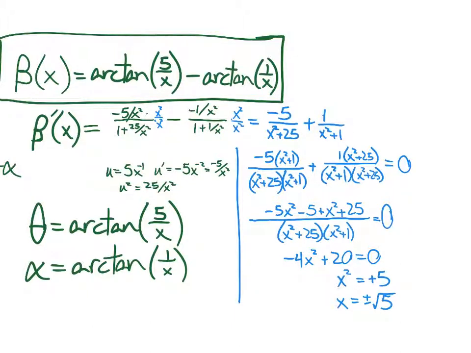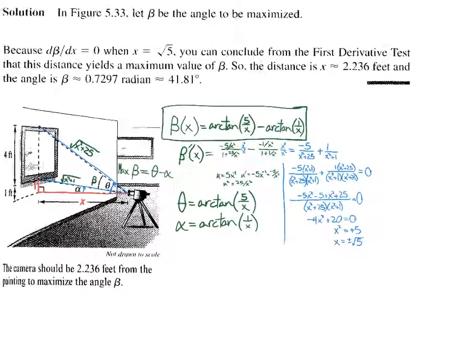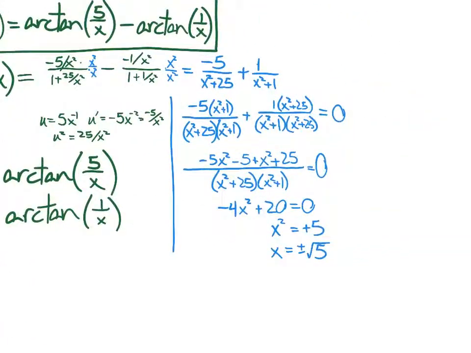Now, because x in our image here has to be positive because it's a distance, that means x is positive square root of 5 feet. So that's where we should put the camera in order to maximize that angle beta.